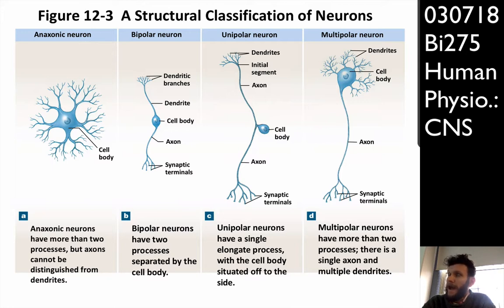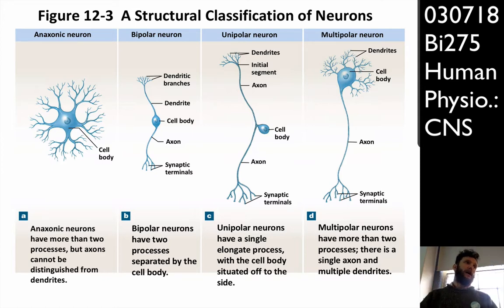So you can imagine, just by comparing the structure of an anaxonic neuron and a bipolar neuron, that the specific characteristics of the graded potentials that are going to be generated on the different dendritic projections here is going to be qualitatively different, right? So whatever graded potential has to come into the dendrites of a bipolar neuron is going to have to be significantly stronger than would be present in an anaxonic neuron.